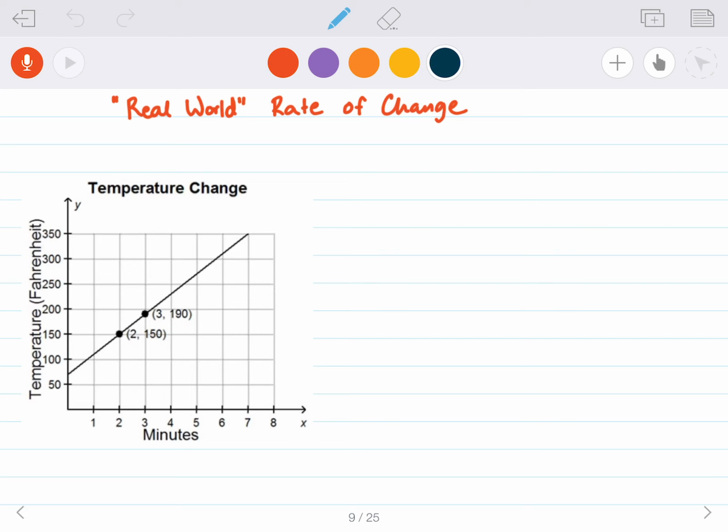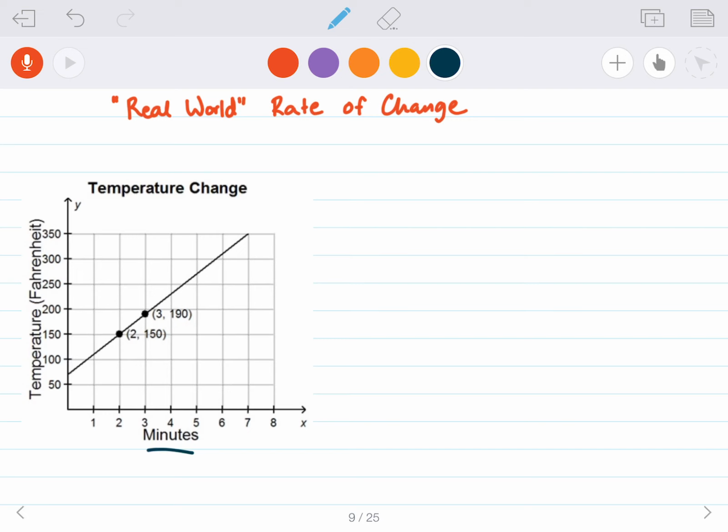What does that mean in the real world? Suppose we have a graph where our x values are in minutes and our y values are temperature in Fahrenheit. We want to figure out what the slope tells us.